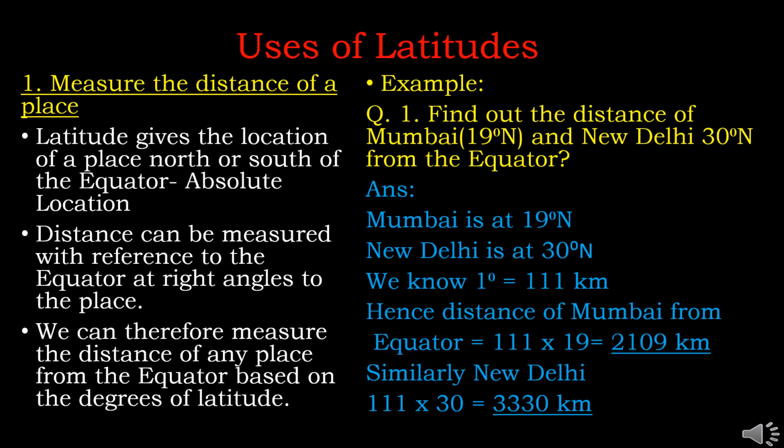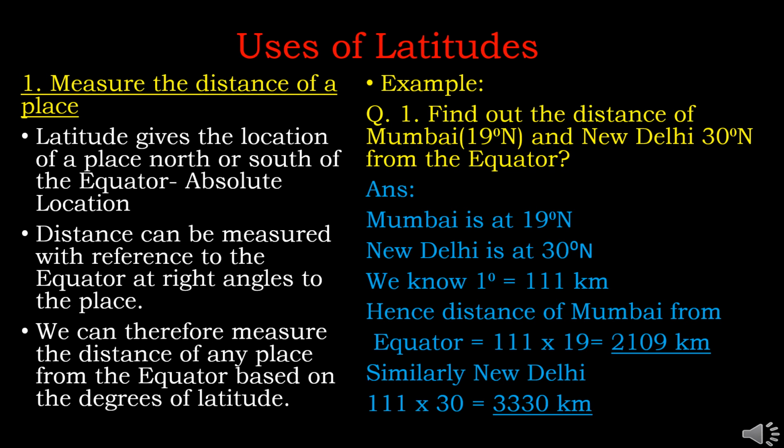Such a location is known as an absolute location. Distances are calculated with reference to the equator at right angle to the place. We can therefore measure the distance of any place from the equator based on its degree of latitude.